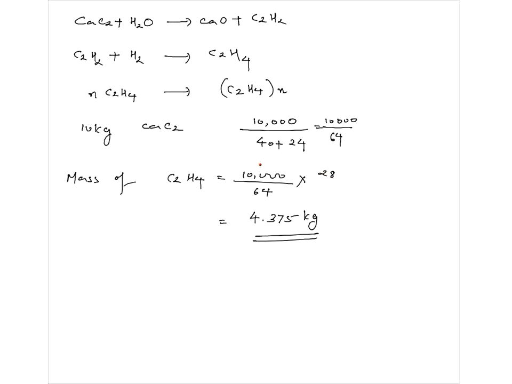So when you calculate this, see if you are getting around 4.4 kg. 4.4 kg of ethene is obtained and is fully converted to polythene. Any questions? Let me know.